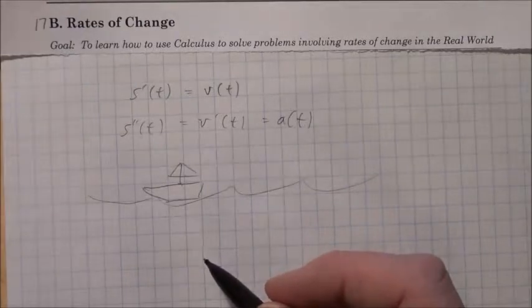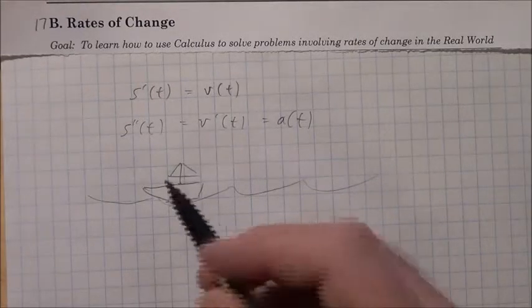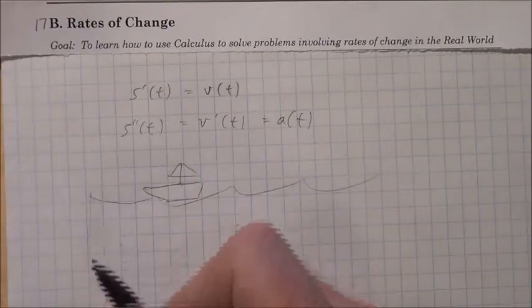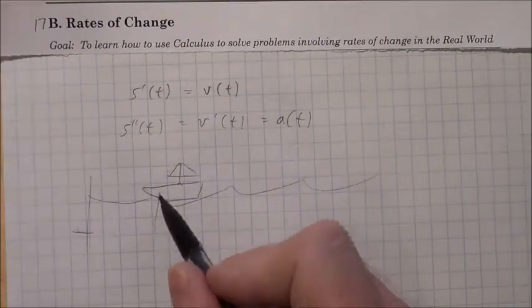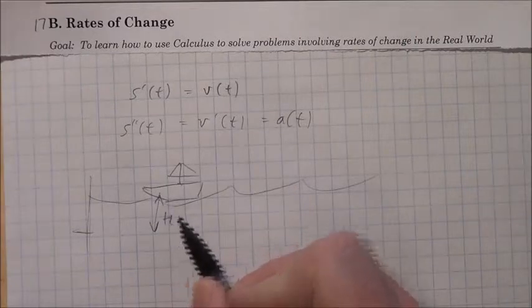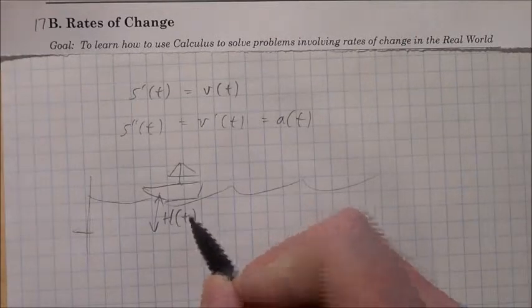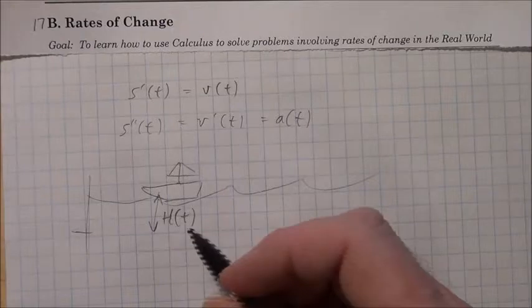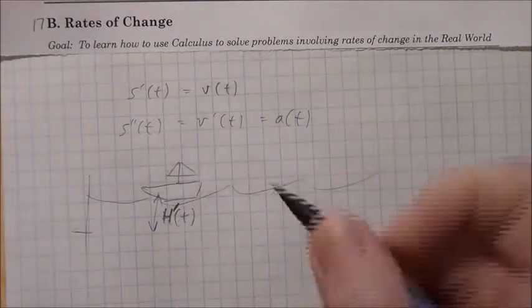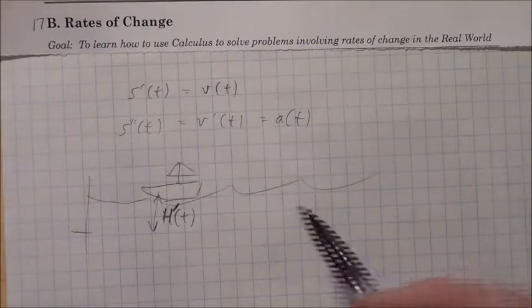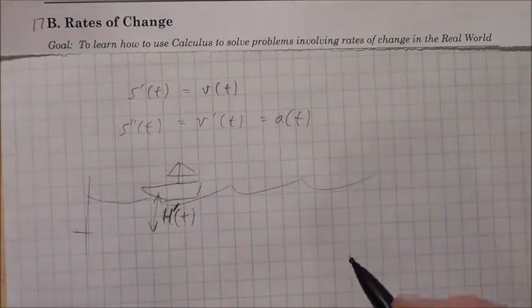We could then describe the height above a certain marker by h of t, and h prime of t would be the change in height over a certain water level of some sort.